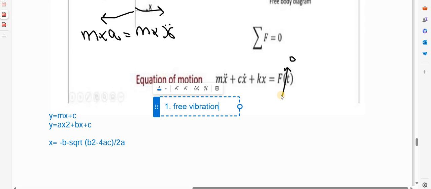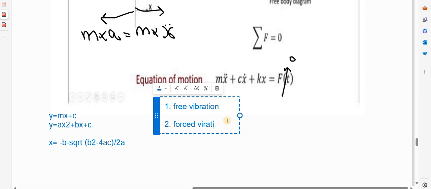Now if the force is there, it is known as forced vibration.